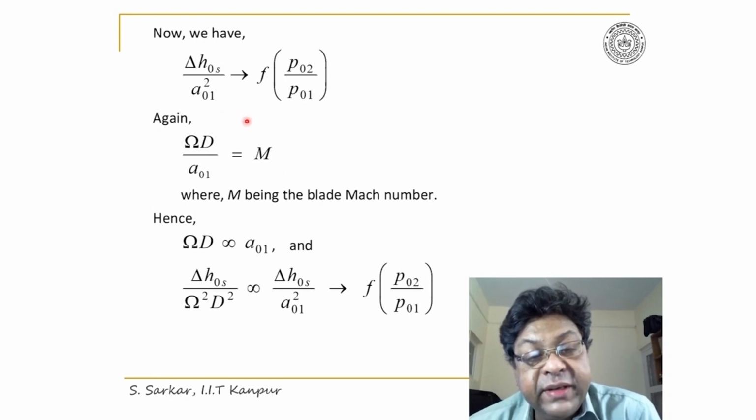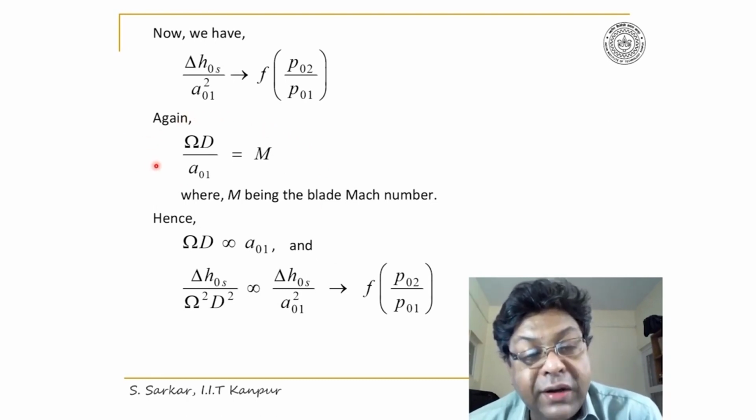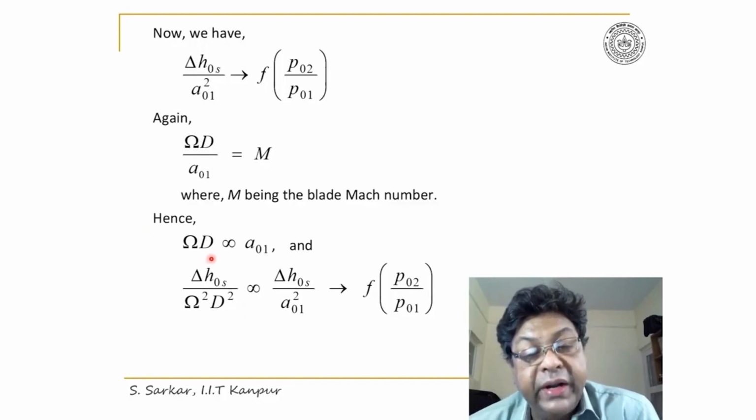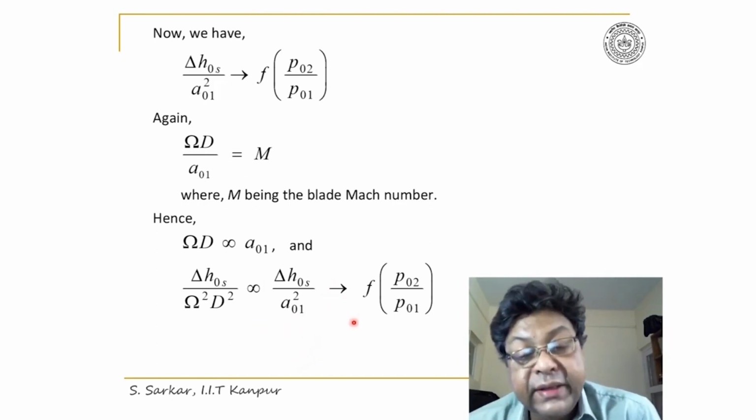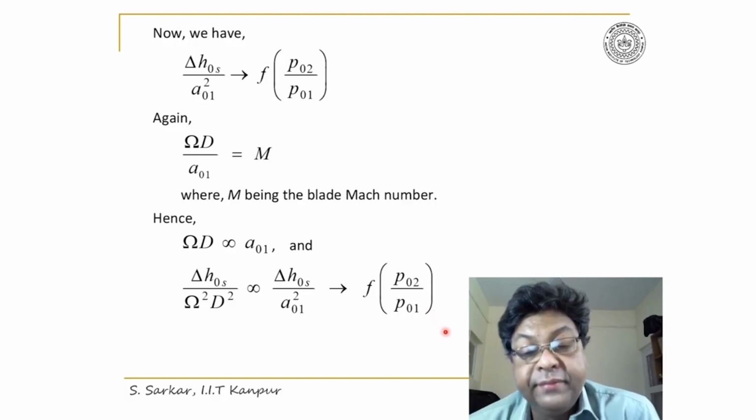Thus, from this relation of blade Mach number, I can say omega d is proportional to A01, and hence del H0s by omega squared d squared, which is the stagnation enthalpy rise coefficient, can be represented as psi proportional to del H0s by A01 square, and thus is also a function of P02 by P01.